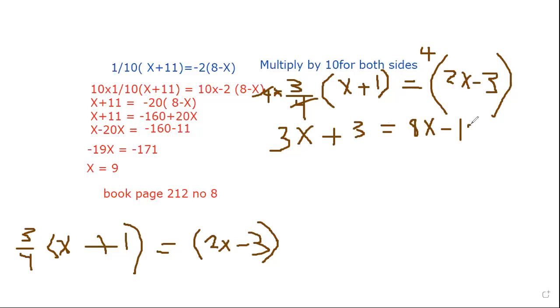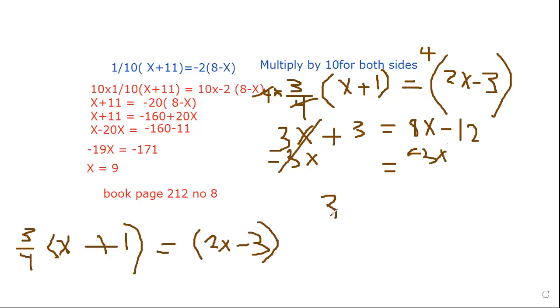Equal 12. Next, we will combine the like terms, and I told you it's better to transfer the smaller to the greater, or we can say we will add negative 3x to both sides, then cancel 3x with negative 3x.